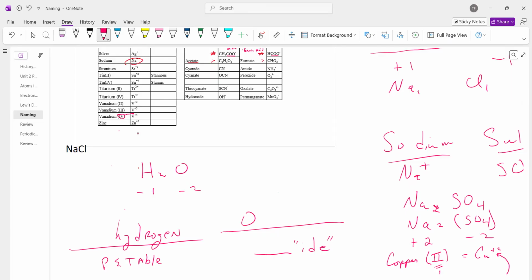Oxide. Okay, how many hydrogens do we have? That's dihydrogen monoxide. Now notice the 2 O's together. So we're going to take out one of them so it reads better. So dihydrogen monoxide is called water.